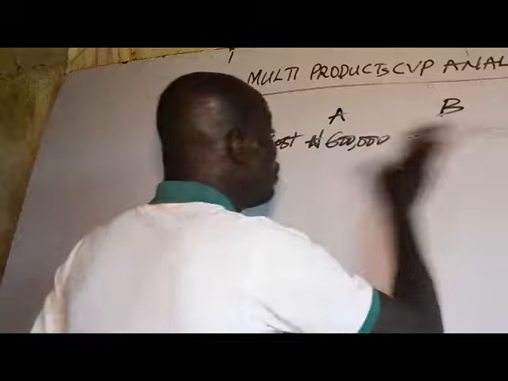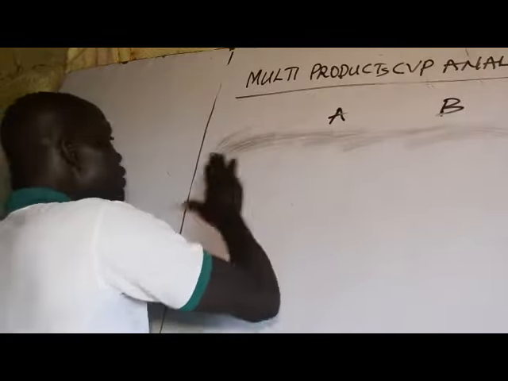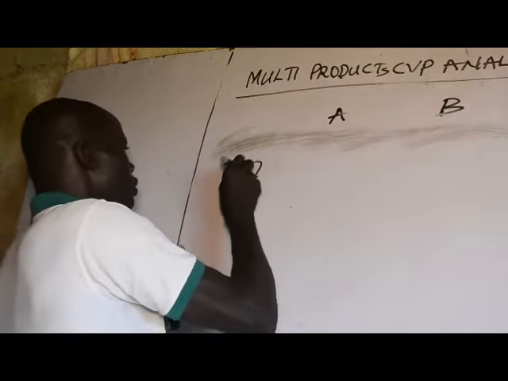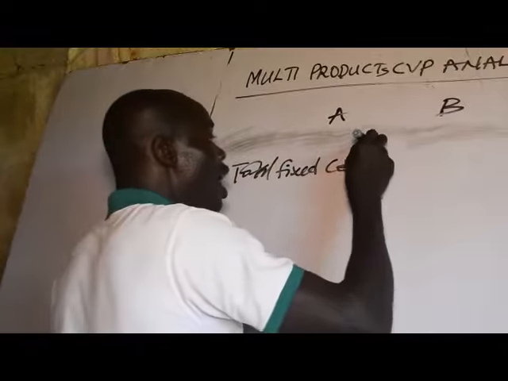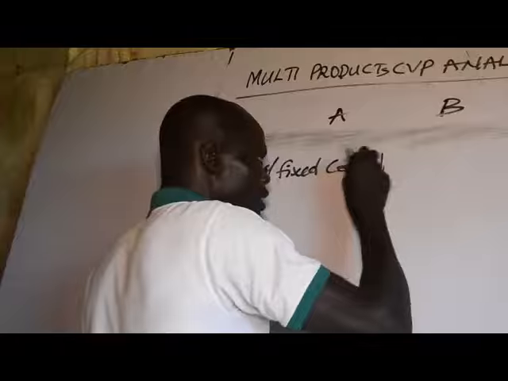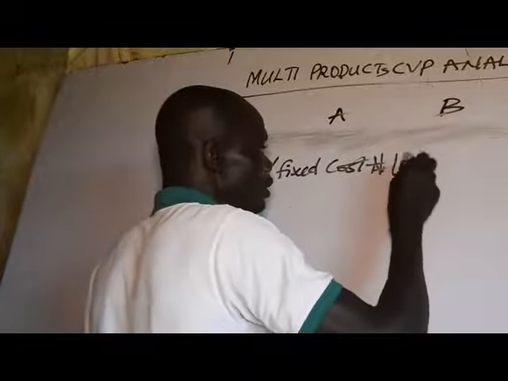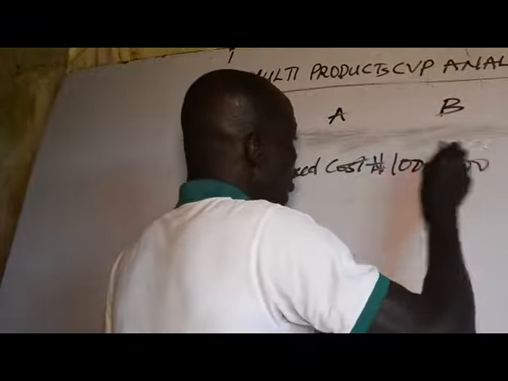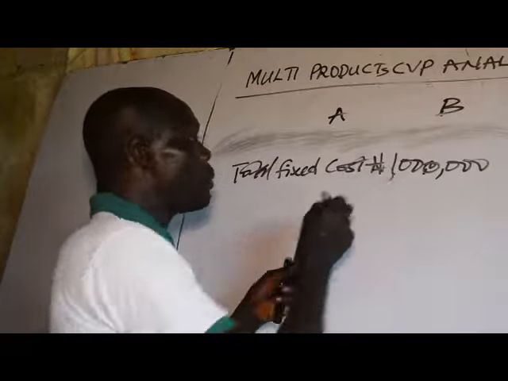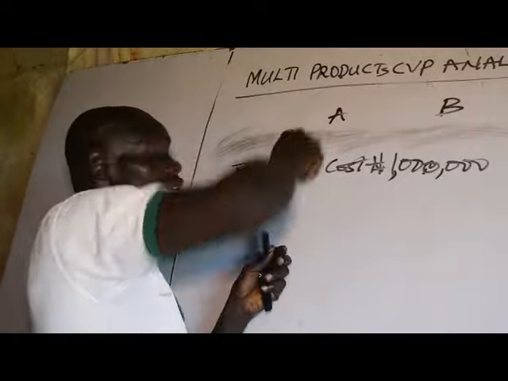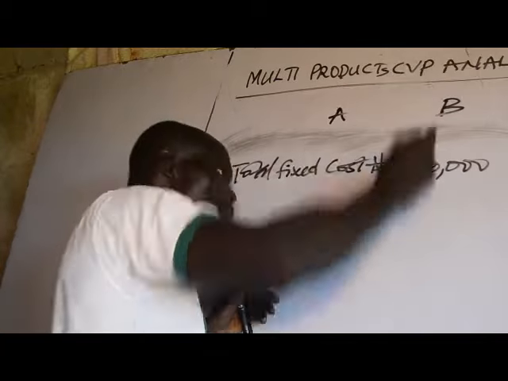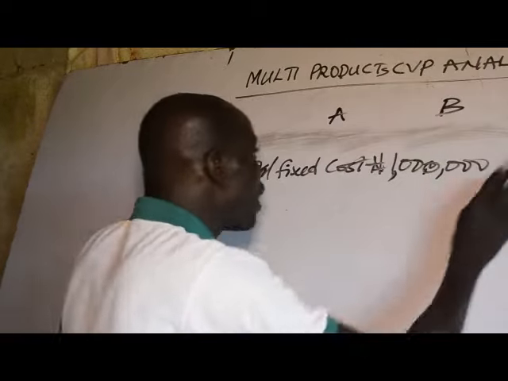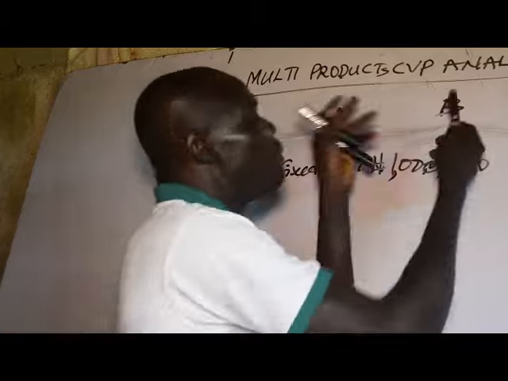But where you are given total fixed cost for all the products, maybe it's 1 million, and you don't know the amount incurred by product A, and you don't know the amount incurred by the product B. The two products incur the fixed cost of 1 million.